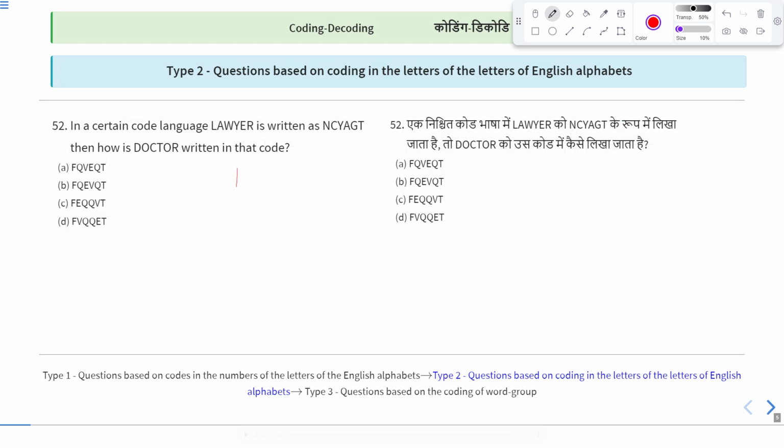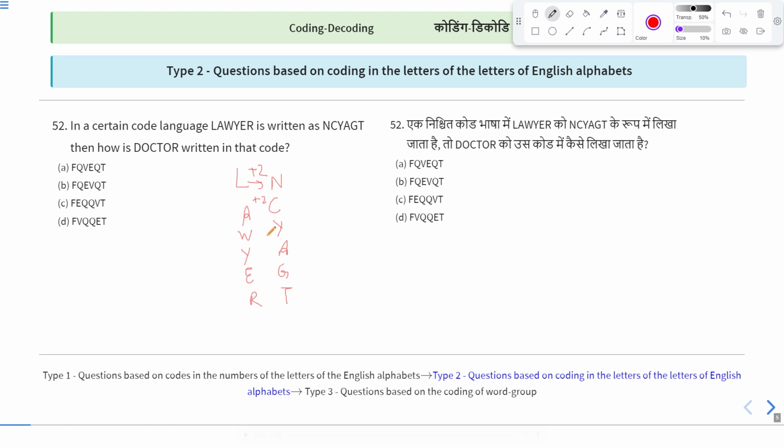Similarly, LAWYER becomes NCYAGT. LMNO plus 2.